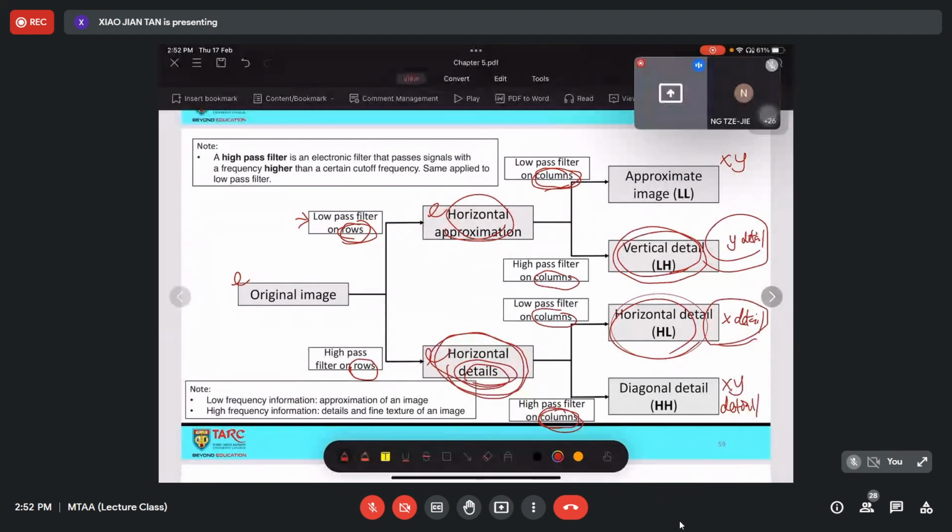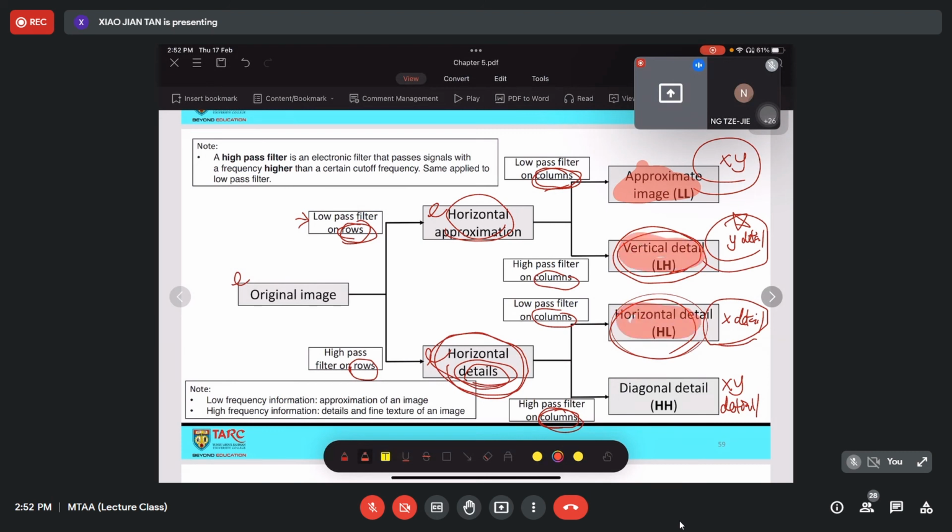So at the end of this wavelet transform, you will get 4 different images. The first one is the approximate image, where both the x and y axis are approximate. The second one is the vertical detail.